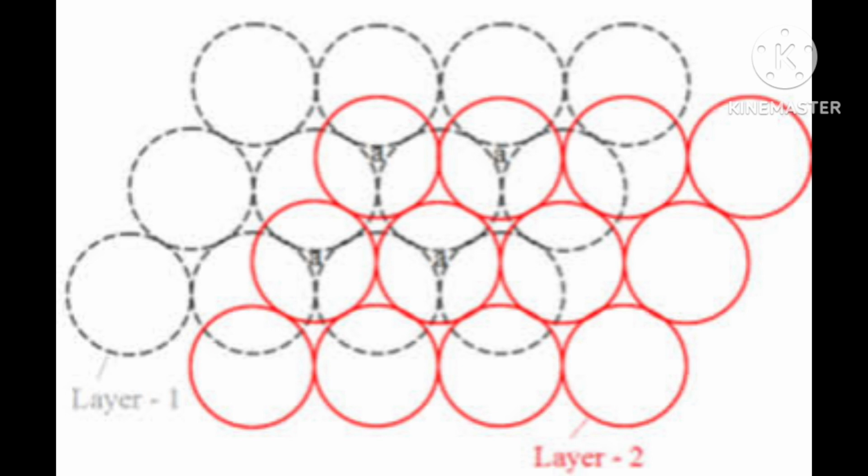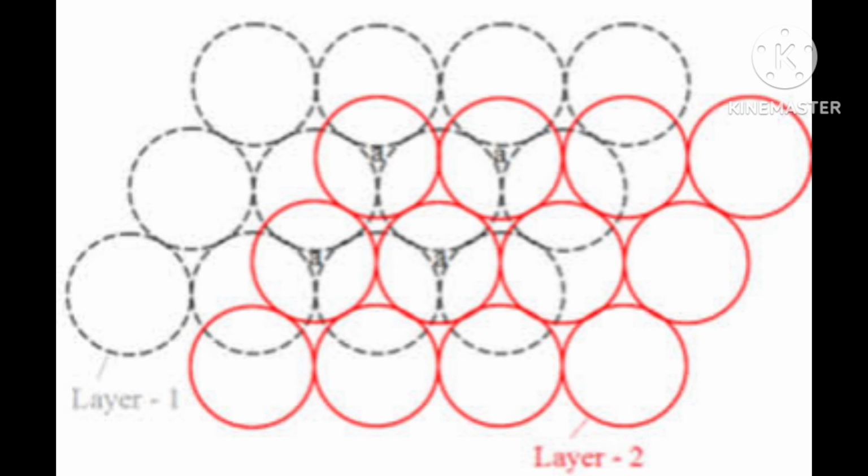Now the B type is there, placing the third layer over the second layer. I told you about the second layer above the first layer, but now you know a third layer is also possible. That I will discuss.